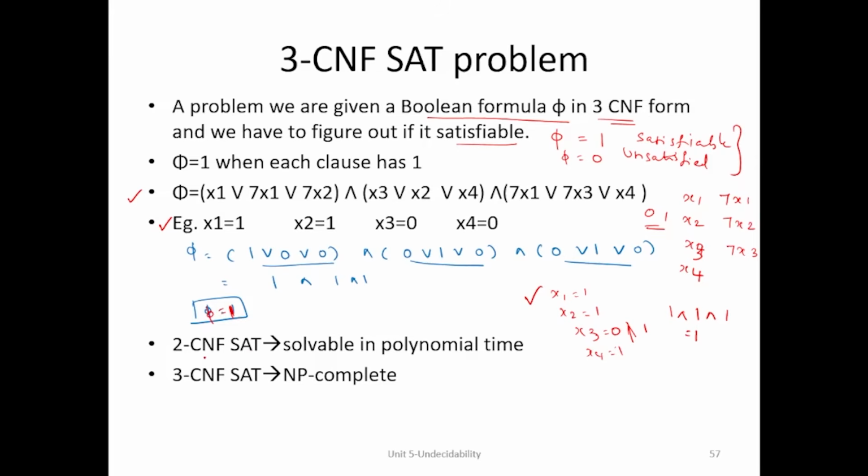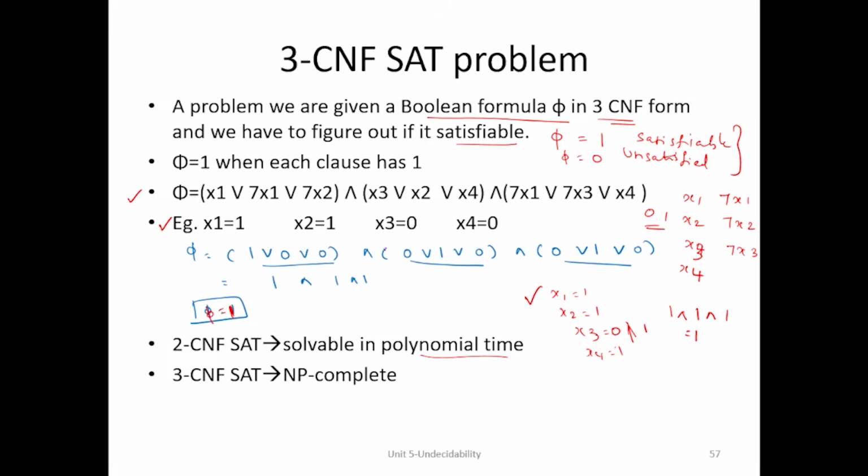If you consider a 2 CNF problem, it can be easily solved in polynomial time. But if you consider a 3 CNF problem, we try to put different possibilities of values for the given variables. In this example, there are totally 4 variables used. It's not necessary to use only these 4 variables. Instead, we can use 6 variables or 8 variables depending upon the size of the circuit.